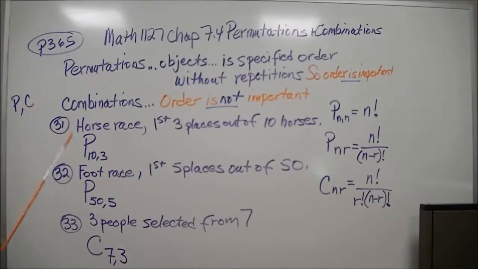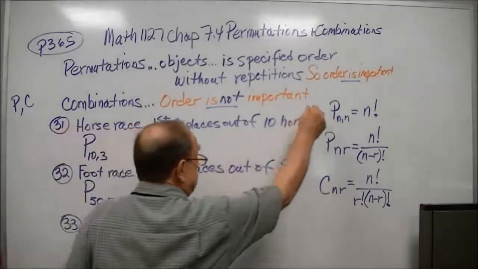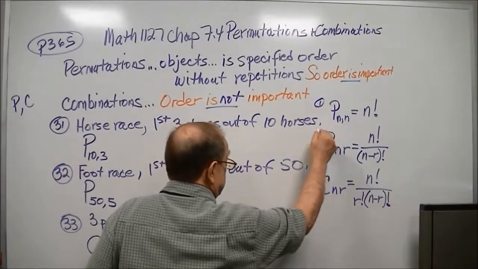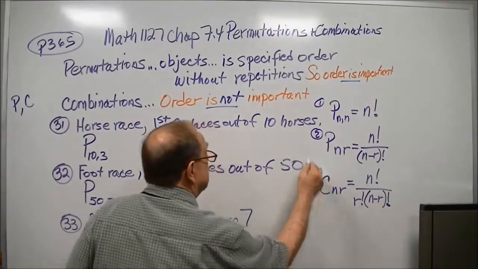So we have, I think, a good example of permutations and combinations. Let's see if we can apply these formulas. Let's just number these: 1, 2, 3.